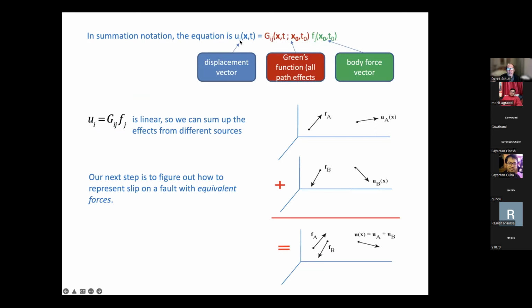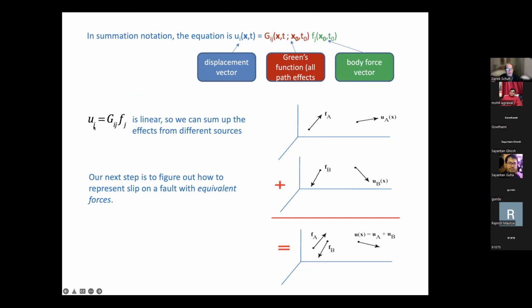So in summation notation, the displacement vector is going to be g sub ij times f of j, where g is the Green's function, and that basically summarizes all path effects, and then f is a body vector force.